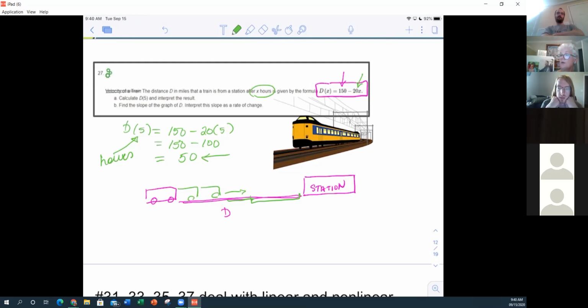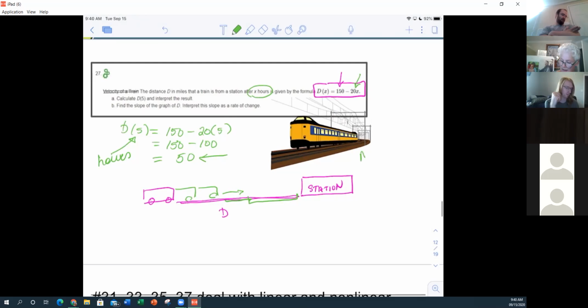That's right. So when you're asked to interpret, you can say it in your own words, but you do need the context, you can't just say 5, 50. After 5 hours, the train is 50 miles from the station.